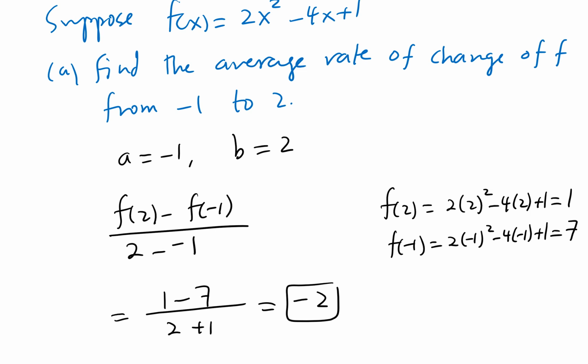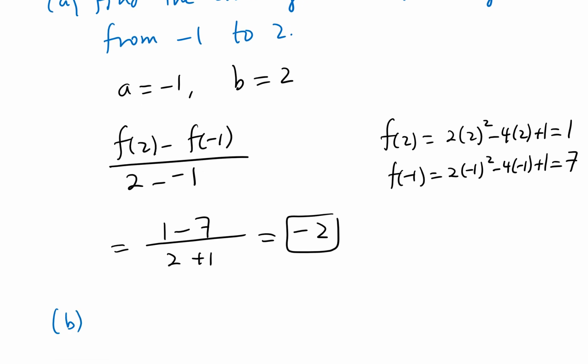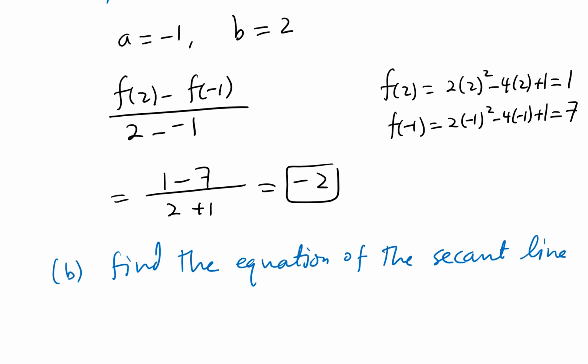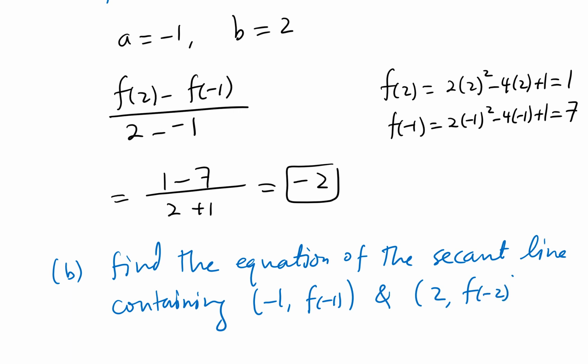Now, as part B, that's the slope. Find the equation of the secant line containing the points (-1, f of -1) and (2, f of 2).